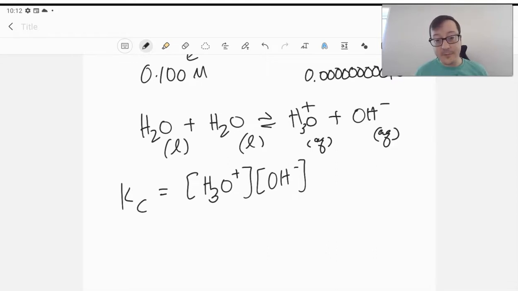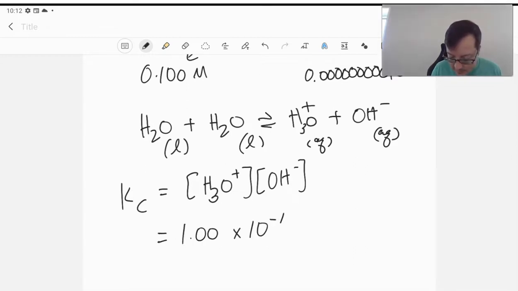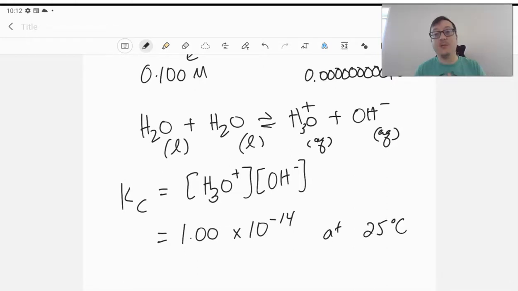And it turns out that, much like any other constants, at least at 25 degrees Celsius, this one happens to be 1 times 10 to the negative 14. Again, we're going to omit the units. It would be molar squared, but we don't need the units here. Important to note that this is at 25 Celsius, and it's still a rounded number. It's not quite 1, but why make it harder on ourselves? Let's just say it's 1 times 10 to the negative 14.